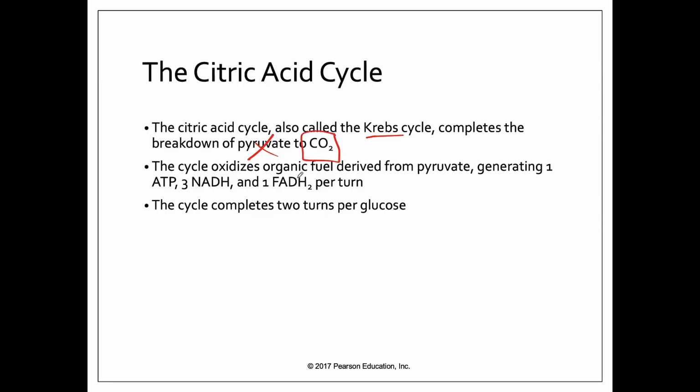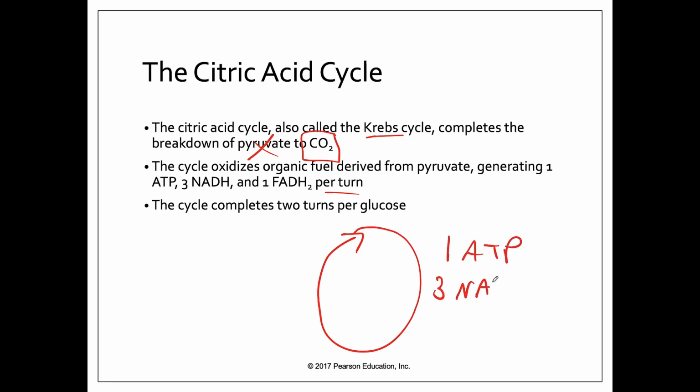So again, this is a cycle, so it happens in turns, cyclical turns. So each turn of the cycle is going to make 1 ATP, 3 NADH, and 1 FADH2 per turn. However, the whole cycle happens times 2.